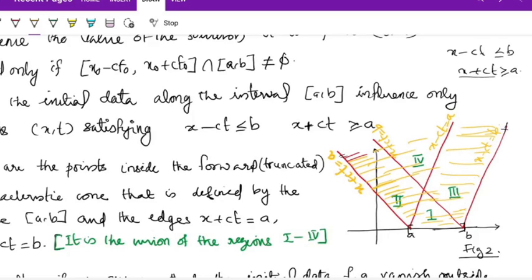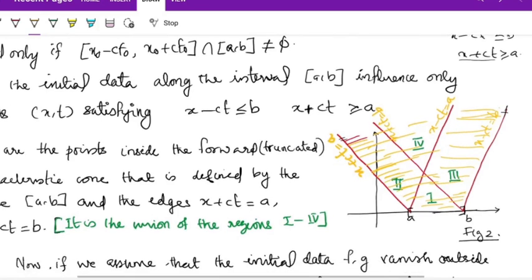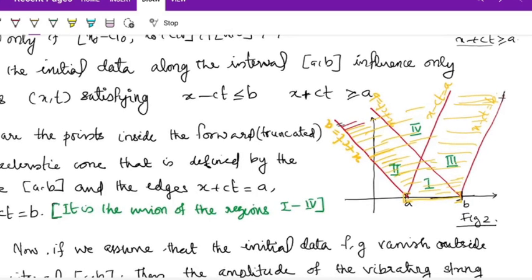So the region of influence means these are the points inside this truncated characteristic cone, or forward characteristic cone, that is defined by the base. Here the base is the closed interval AB and the edges x plus ct equal to a and x minus ct equal to b.